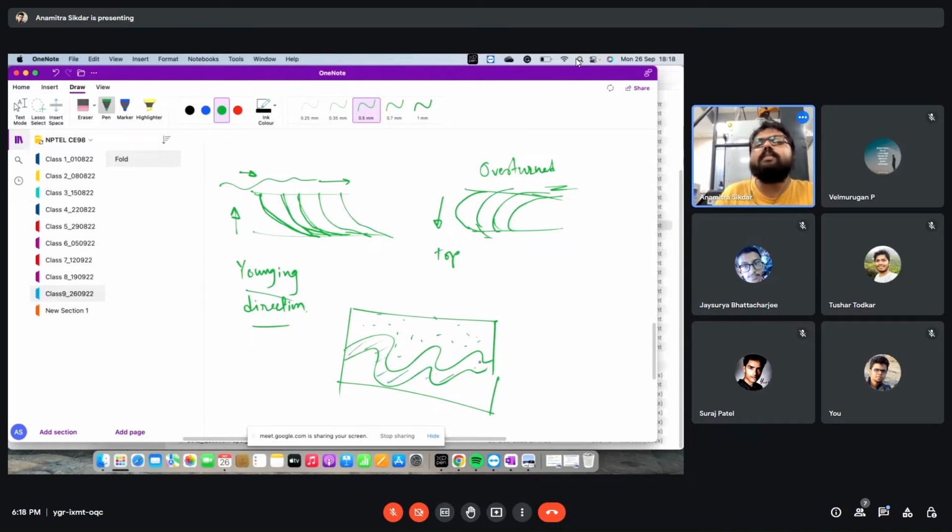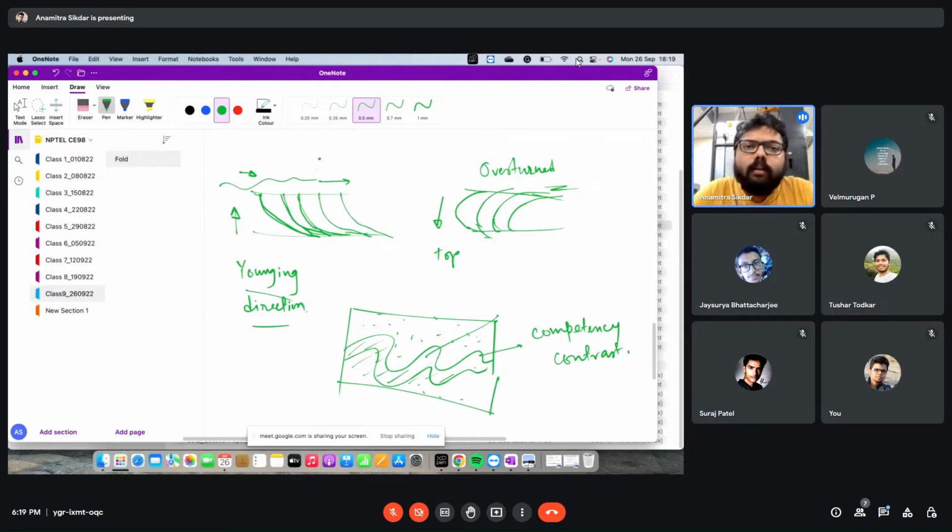So there is a stark competency contrast, and due to that competency contrast this layer will be folded, right?